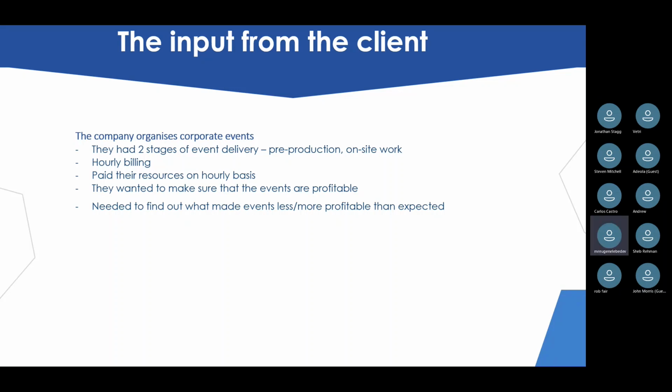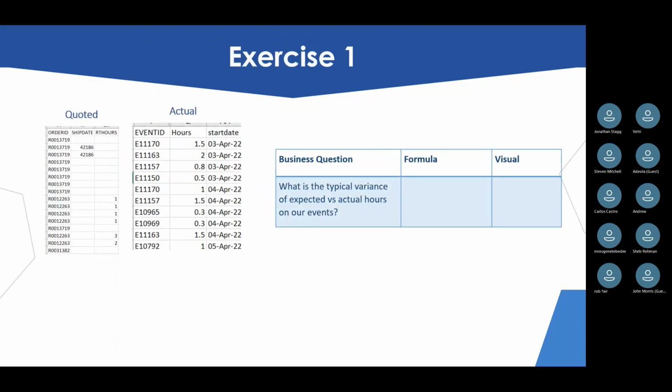So on my previous slides, I already had the output from stages 1 and 2, the business questions. So now I want to take some business questions from there and put them into exercises. So here's the first one. Let's say you have a data set for the quoted hours.